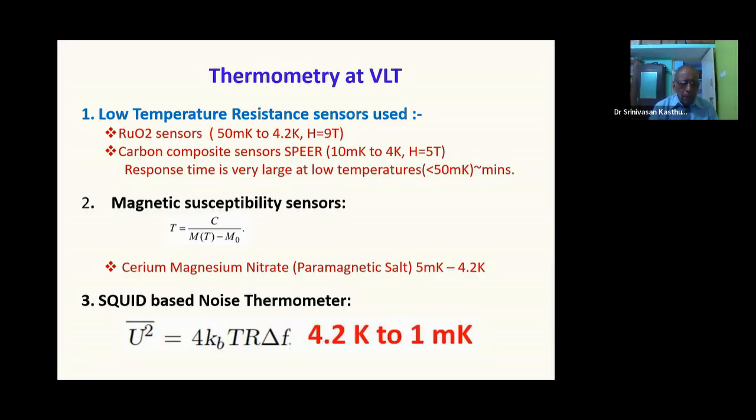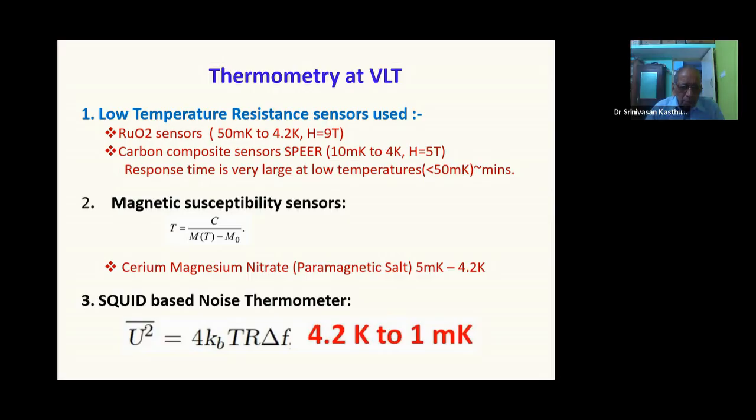Now, there are magnetic susceptibility thermometers which are useful for measurement of temperatures. That means the susceptibility, this we already discussed earlier under the thermometer section. The magnetic susceptibility of the material changes depending on the temperature, and on changing the temperature, the susceptibility changes, and they bear a relation like this.